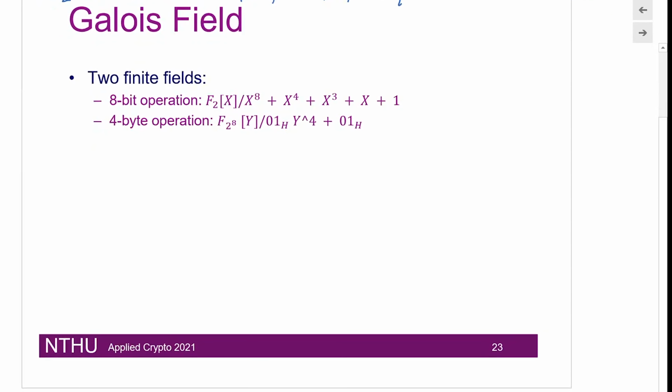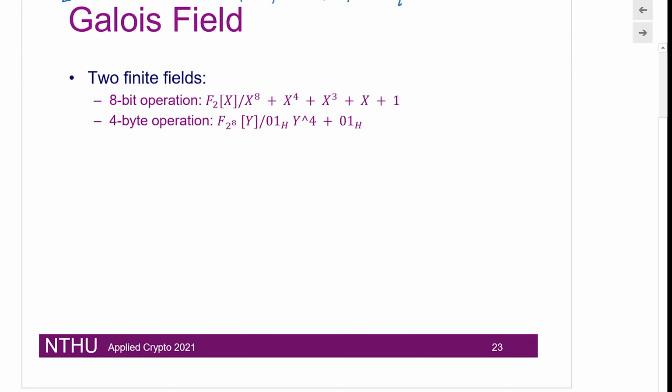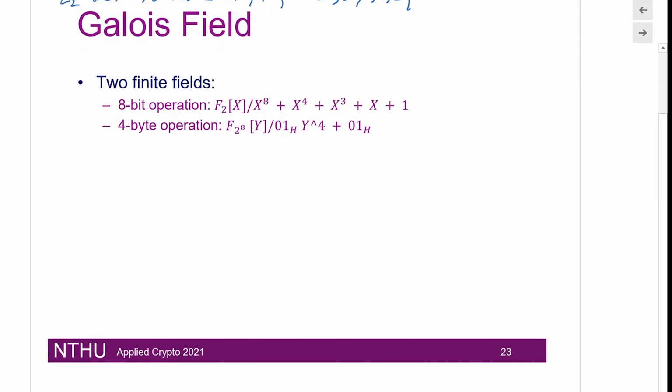So now we come over here. Let me change my color. And how much time do we have? Okay, a little bit. So we have two different fields that you could see we define in AES.